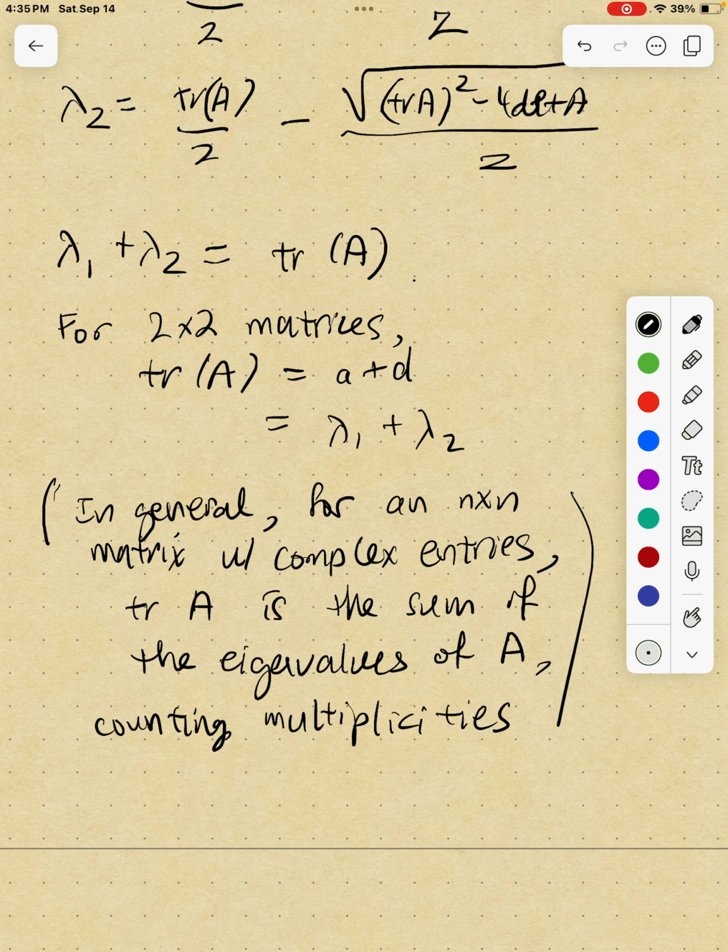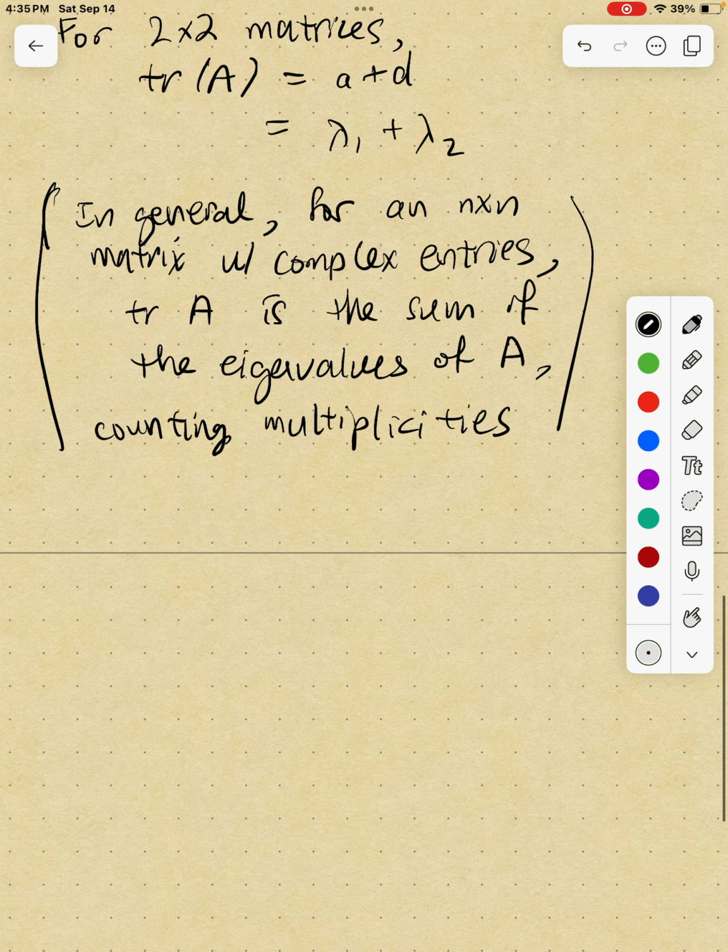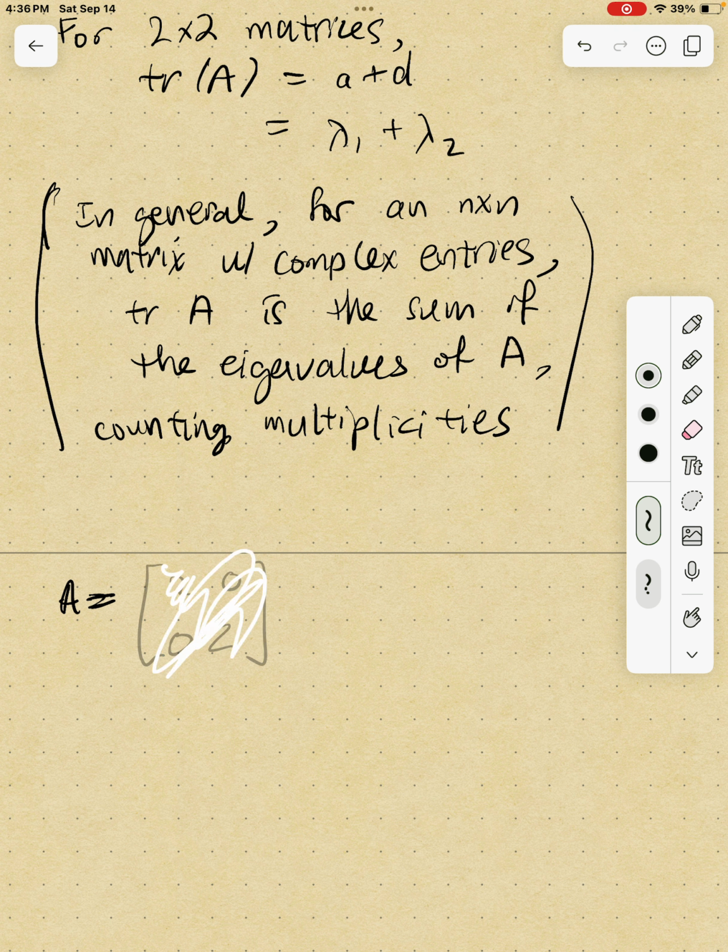So for instance, if you have this matrix A, which is 2, 0, 0, 2, or okay, let's make it maybe not 2.